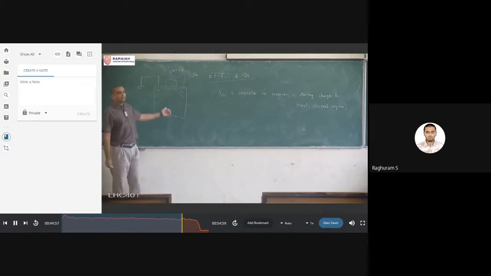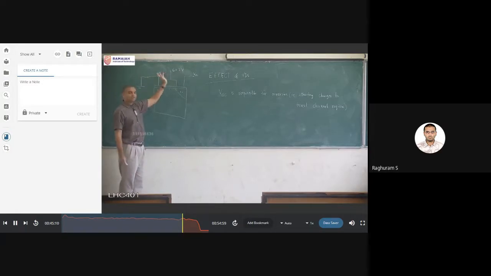So this is the picture. I have the NMOS transistor. I have applied 2 volts, and since the source is grounded, VGS is with respect to the source. So some 2 volts power supply I am applying to the gate terminal, and since 2 volts is going to be more than the threshold voltage, definitely the channel region is inverted. It's no longer p-type substrate. So this picture we are familiar with now.